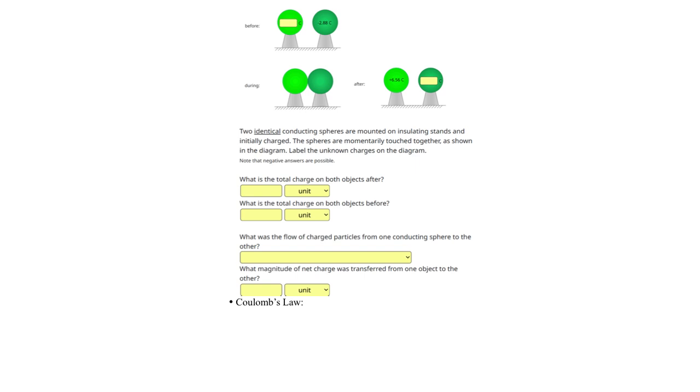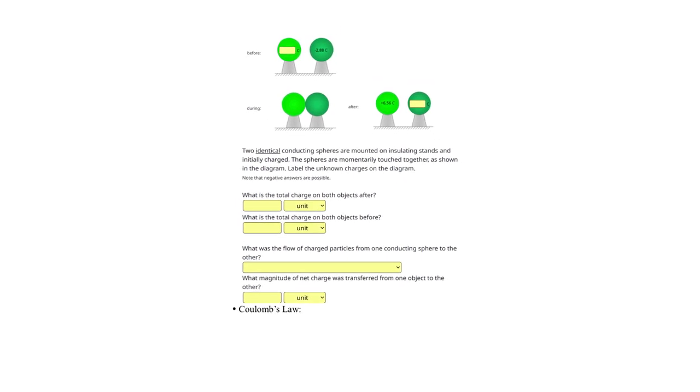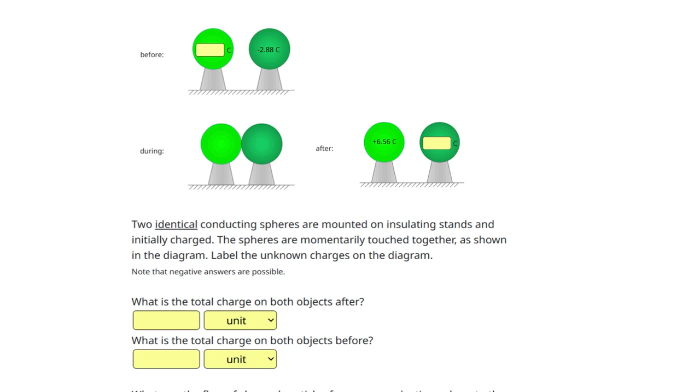Okay, so here we go. Here's another example. What is the total charge on both after? Well, since they're identical, this has to be 6.56 coulombs as well.